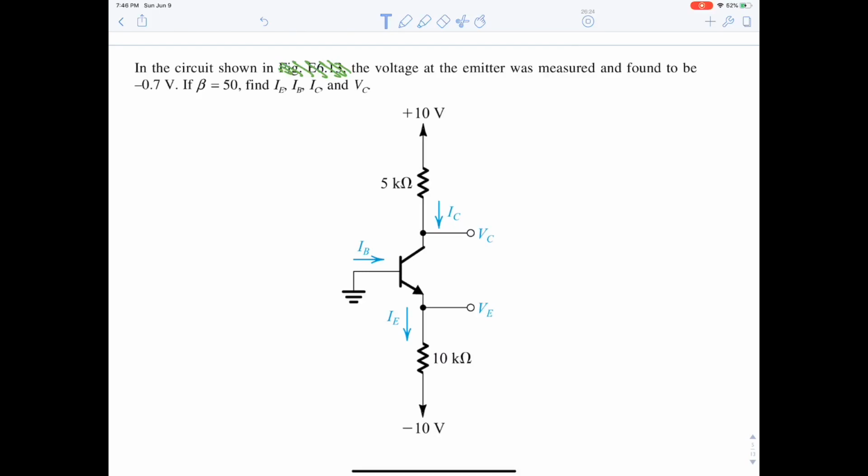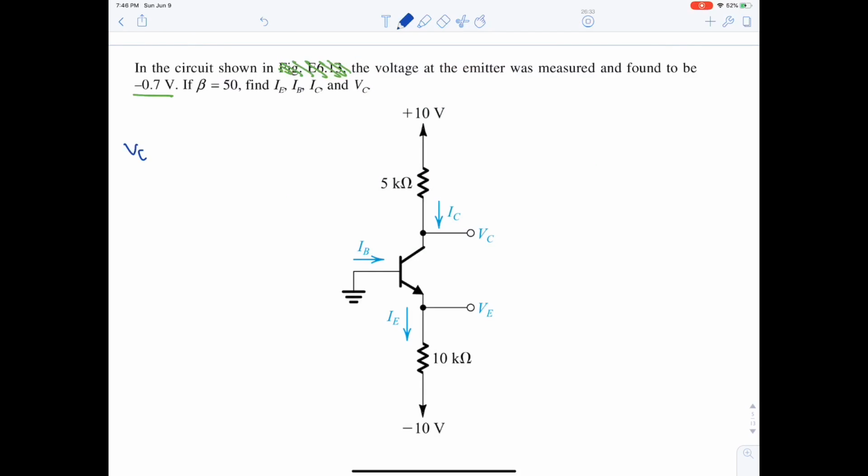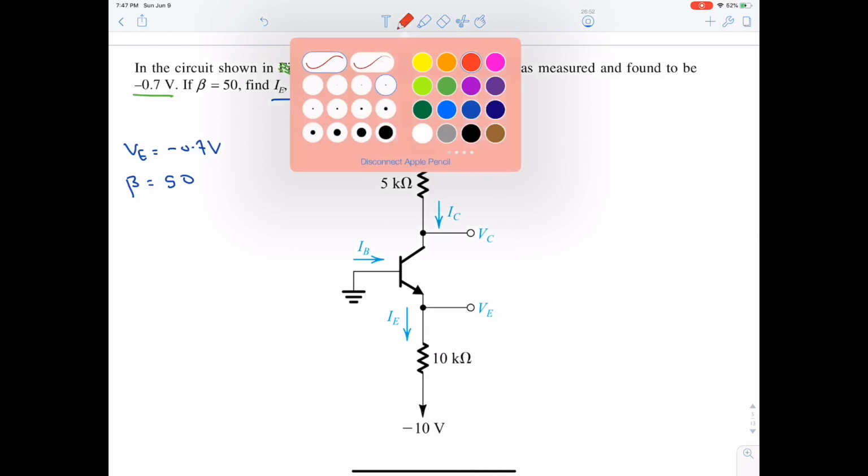The voltage at the emitter was measured and found to be minus 0.7, so VE is minus 0.7 volt, beta is 50, and we need to find the following. Let's begin. So the first step is to determine whether this transistor is NPN or PNP.